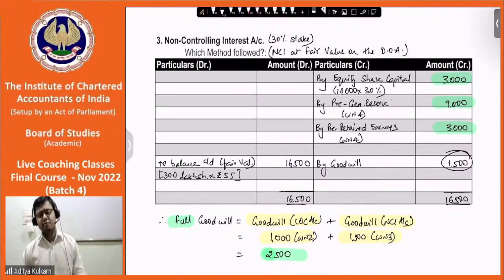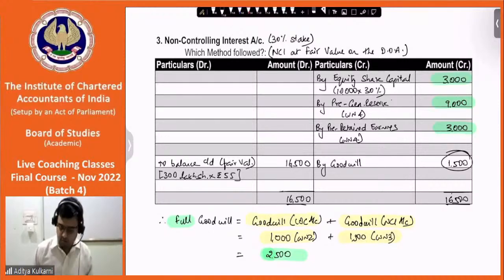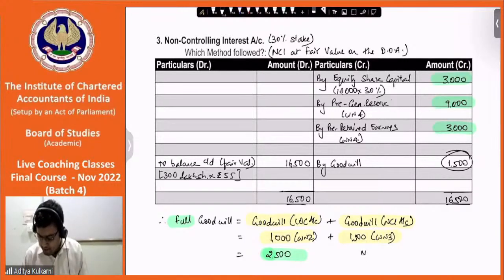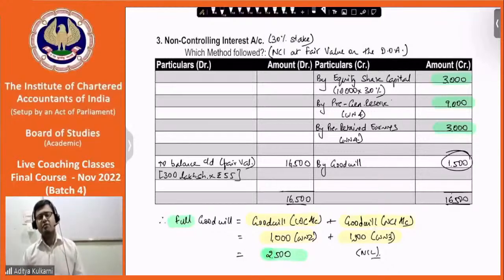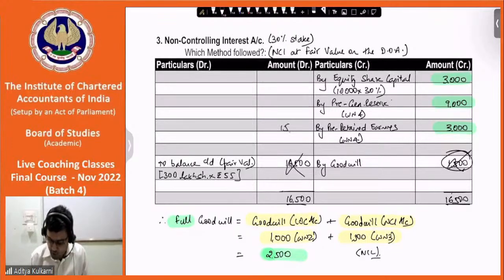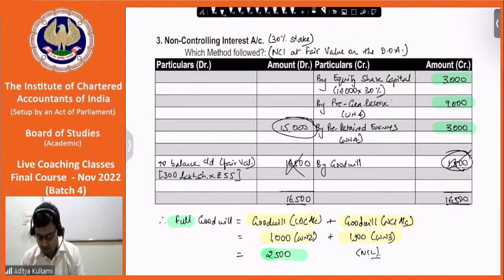By doing it at proportionate share of net assets, you will take only the parent's goodwill, because this is going to become zero. Because if it were to be NCI at proportionate share, this part would not come. NCI carried forward would be straight away 15,000. So goodwill would not have come.